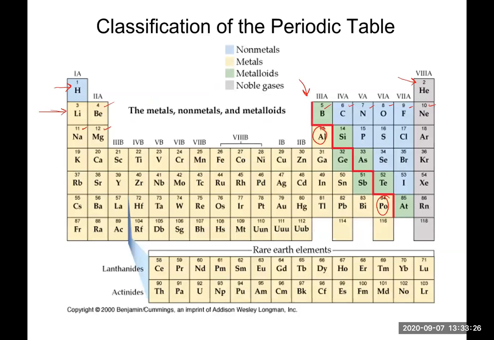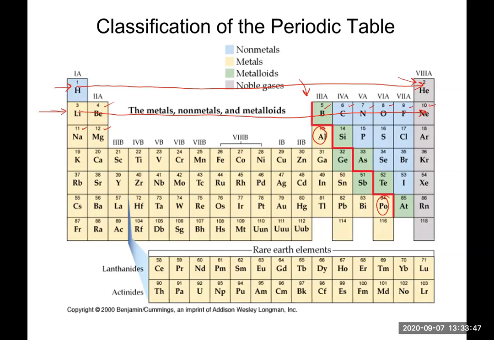And so when we go across the periodic table from left to right, for example, this is row 1 as we go from hydrogen to helium. This is row 2 as we go from lithium all the way over to neon. These are called rows or periods.